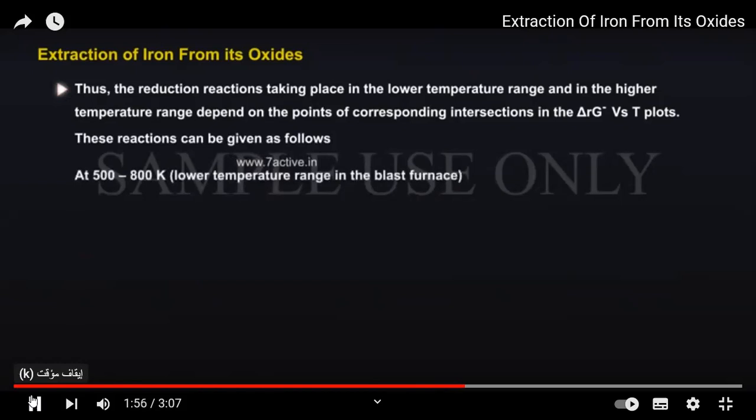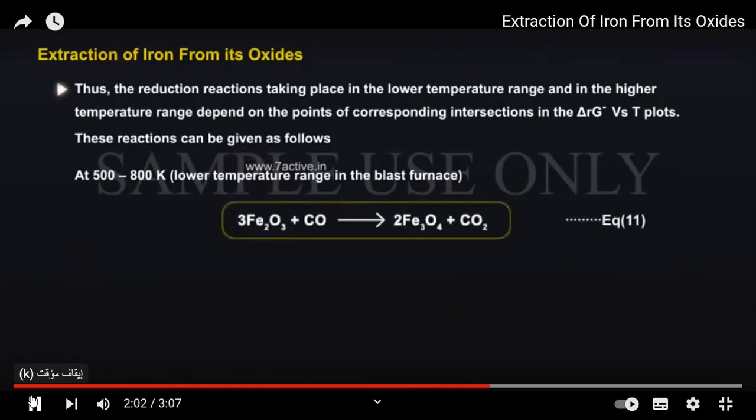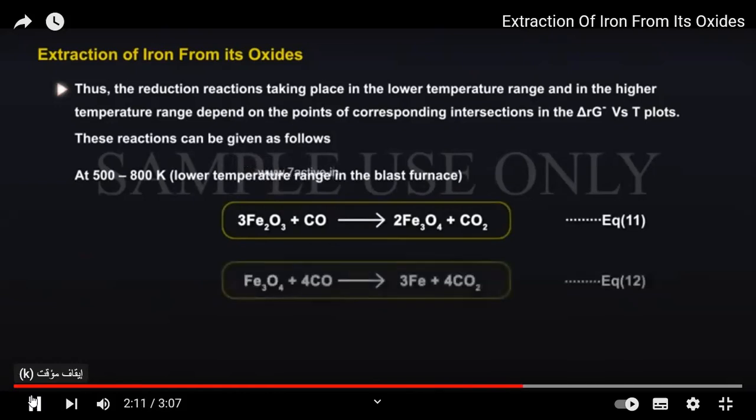At 500 to 800 Kelvin, lower temperature range in the blast furnace, 3Fe2O3 plus CO gives 2Fe3O4 plus CO2. Equation 11. Fe3O4 plus 4CO gives 3Fe plus 4CO2.